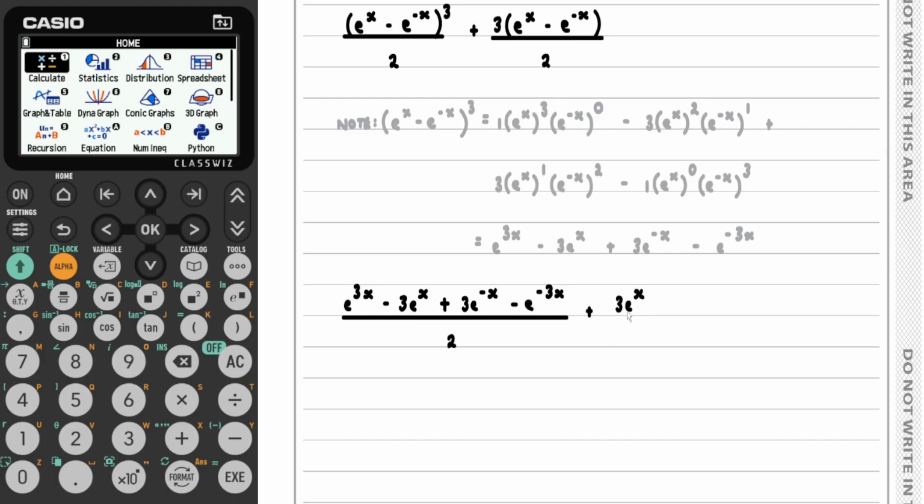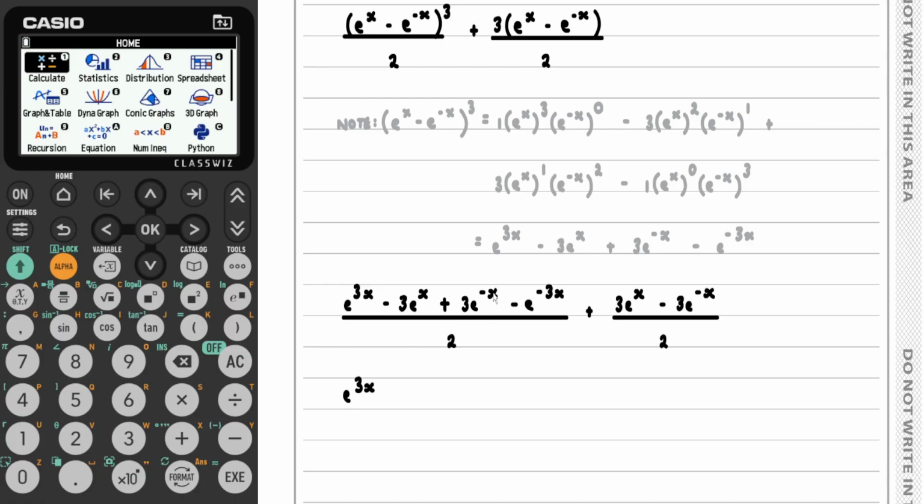So we have 3e to the x subtract 3e to the negative x over 2. We have e to the 3x, and then we have negative 3e to the x plus 3e to the x, which simplifies to 0.